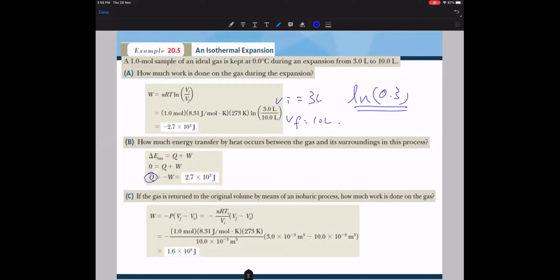Here is Q, here is minus W. The whole process, you have Q, which is 2.7 kilojoule actually. And what is the use of this 2.7 kilojoule of energy? It is actually used by the gas to cause the expansion.